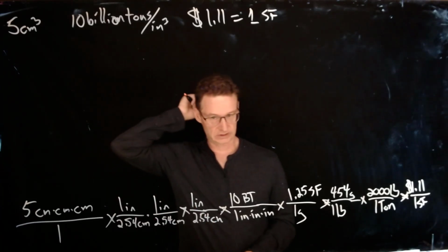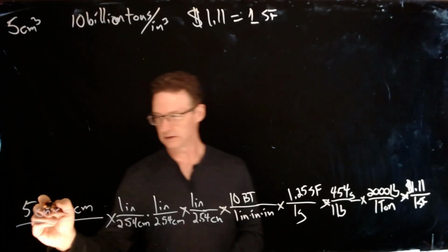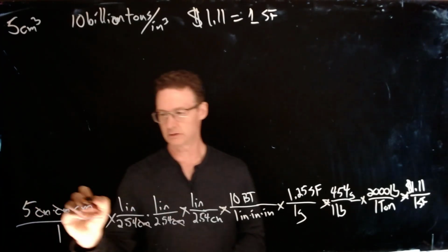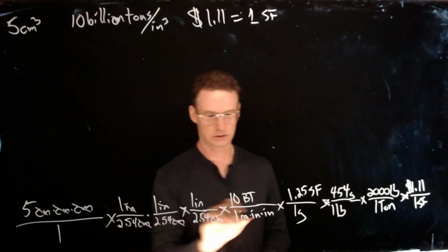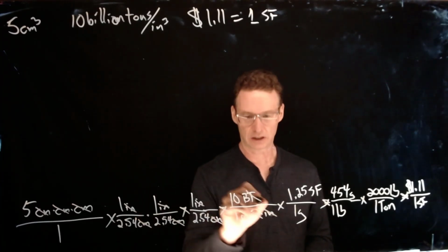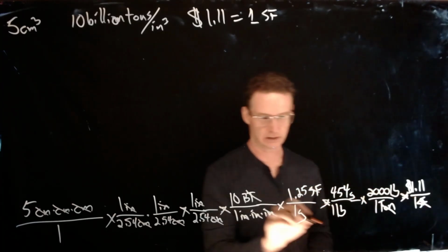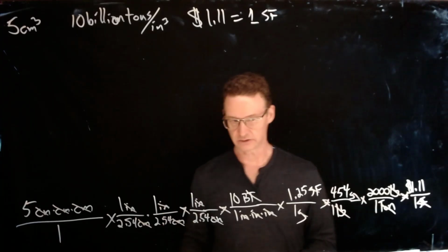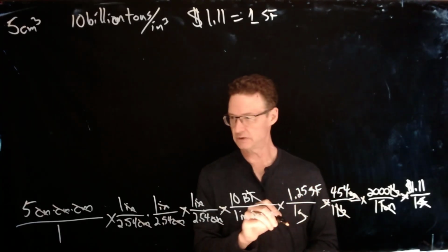Okay, let's take a look at this and see if I did get this all right. Centimeters, centimeters, centimeters, centimeters, centimeters, centimeters, inches, inches, inches, tons, tons, Swiss francs and Swiss francs, grams and grams, pounds and pounds. Canceled out all of my units except dollars.